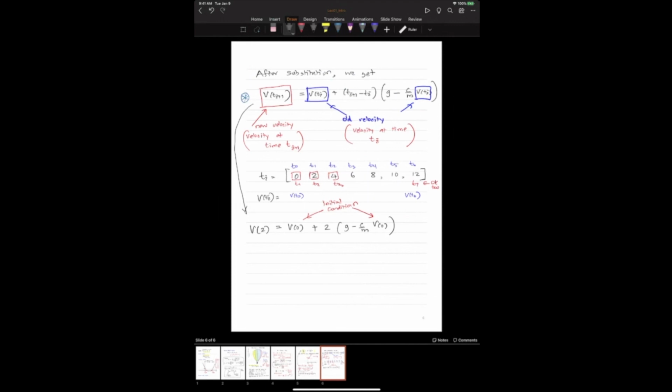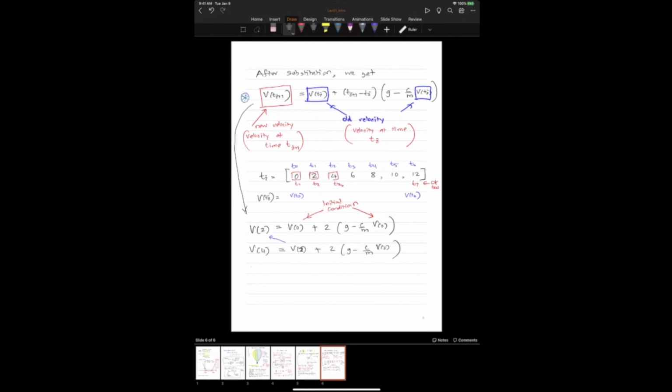Similarly, I can write the equation for velocity at time 4: it will be velocity at time 2 plus 2 times (G minus C over M V0). Sorry, not V0, V2. So V2, we just computed here, so you can just substitute from there.